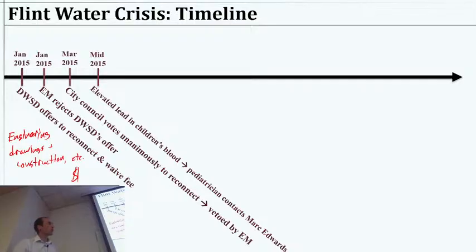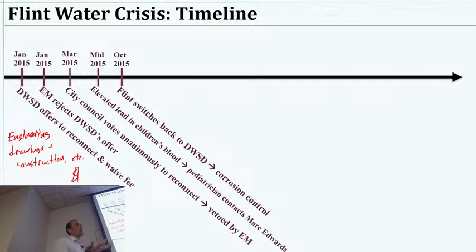And that's when really, shortly thereafter, we recognize there is a lead problem in the water. So this is when we learn, or the public learns, about the lead in the water.